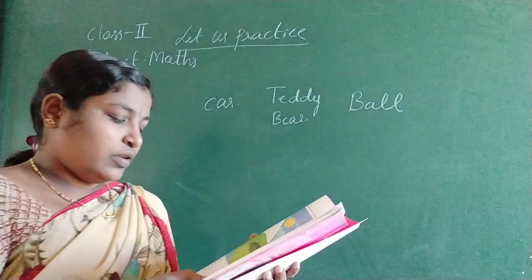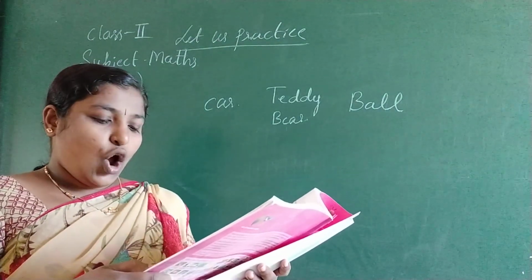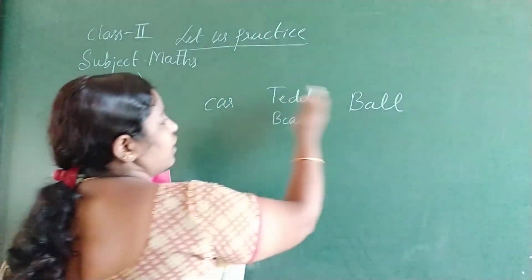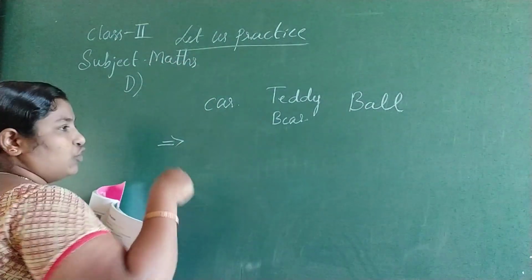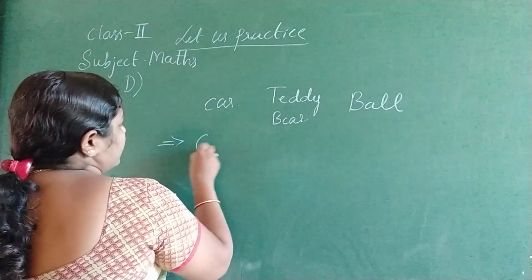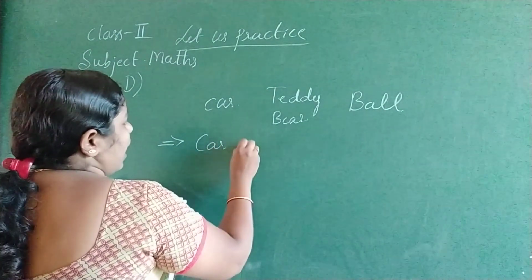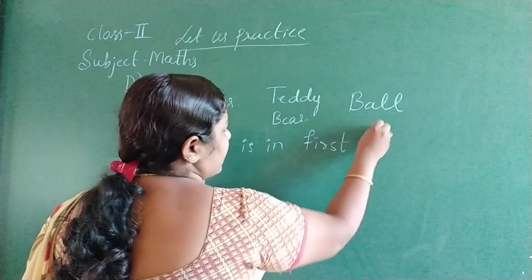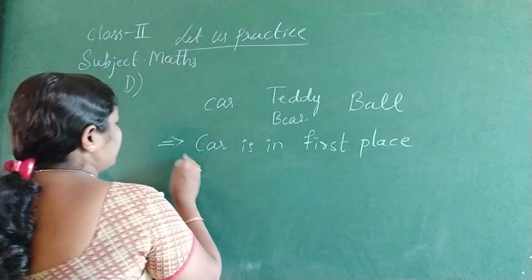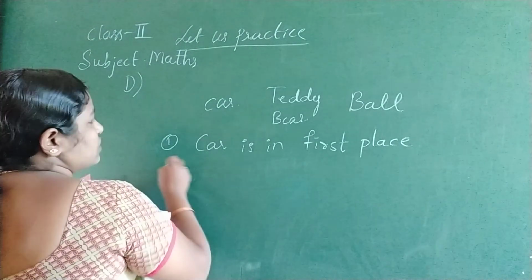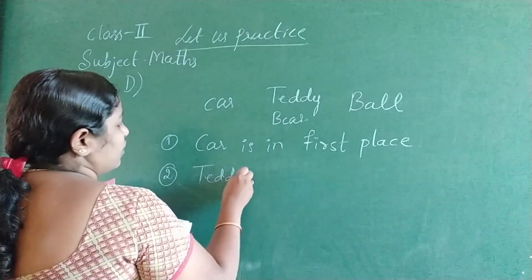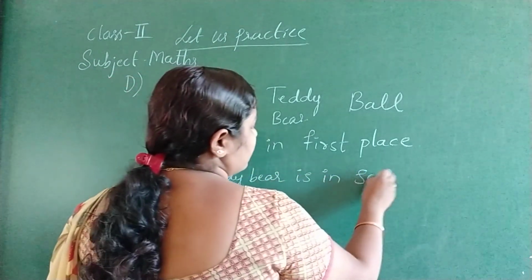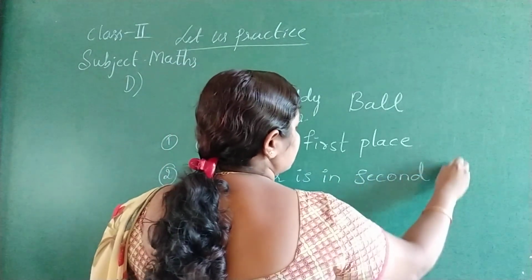Next, what is the order of the toys from left to right? So write the full answer. Car is in first place, and teddy bear is in second place.